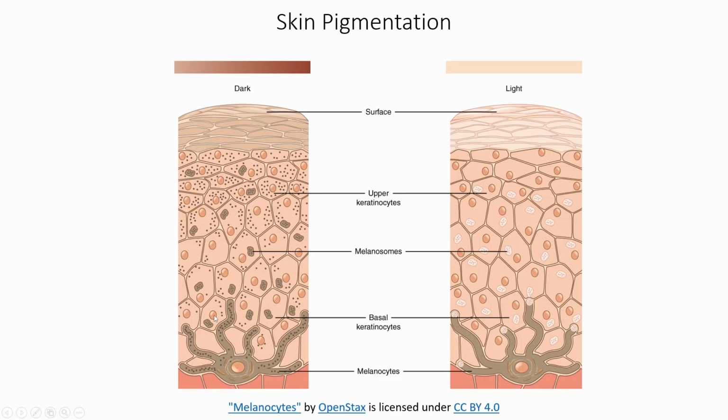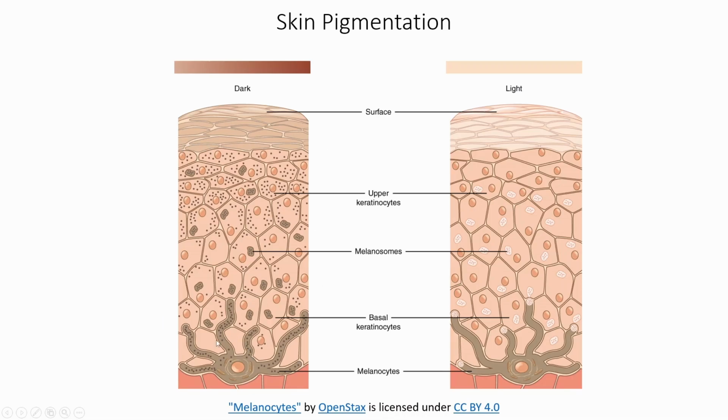Versus on the other side, this would be someone like a person of color, where their melanocytes are really working hard and they're producing a lot of melanin, putting that melanin in those melanosomes. Those melanosomes make their way up through the layers and deposit that melanin. This is why a person of color would appear that way.